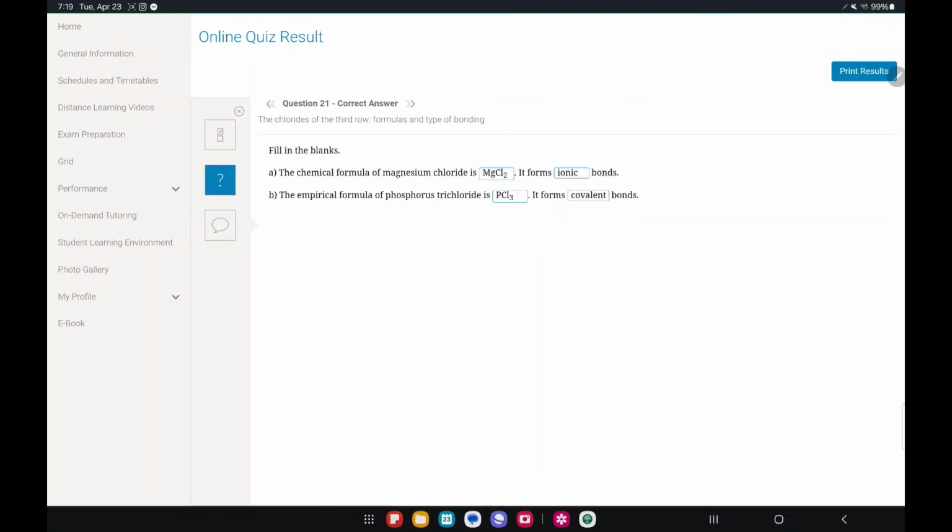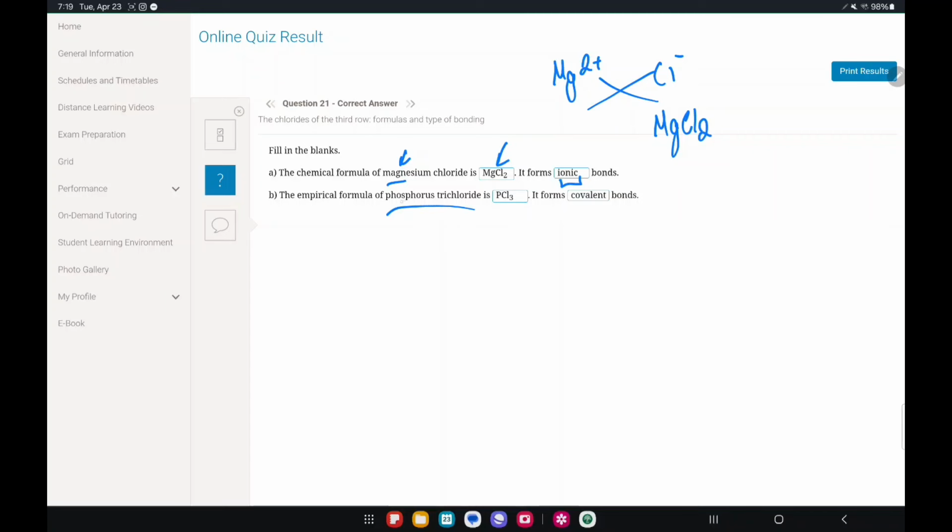Question 21. The chemical formula of magnesium chloride. You just have to crisscross Mg2 plus and Cl minus, and it becomes MgCl2, and since it's metal non-metal, it's ionic bonds. And then phosphorus trichloride.